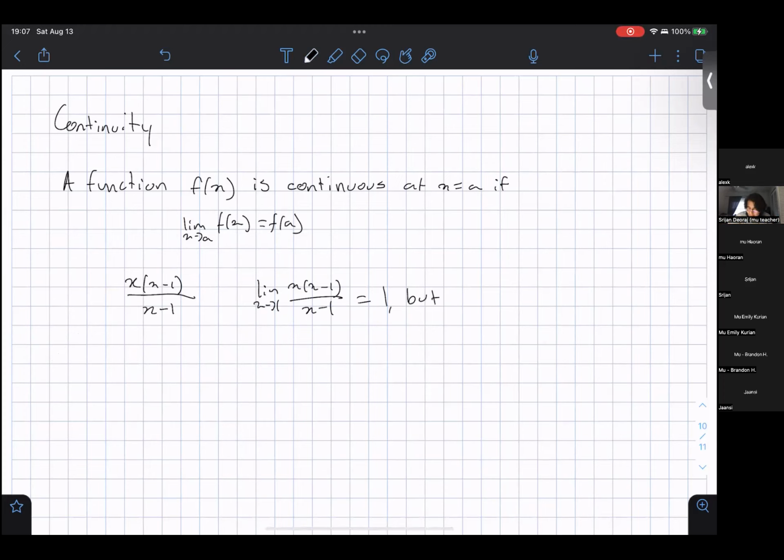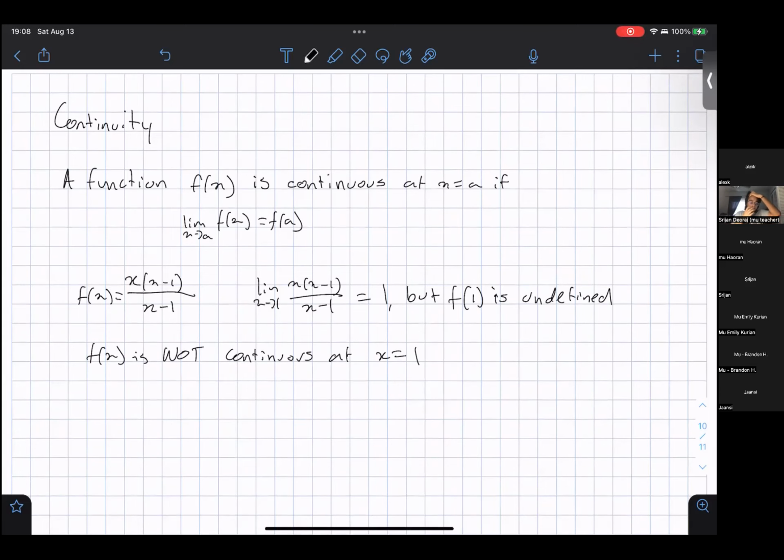But if this is f of x, f of 1 is undefined. So f of x is not continuous at x equals 1.